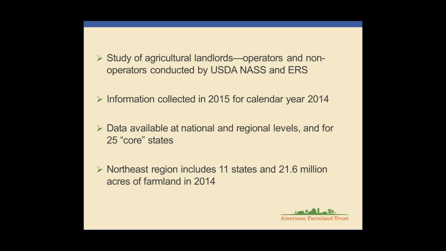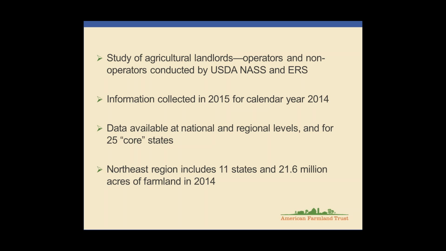So this is 11 states, includes all 6 New England states, New York, plus Delaware, Maryland, New Jersey, and Pennsylvania. Together that area, the Northeast region as identified by Total, includes 21.6 million acres of farmland in 2014, which is very close to land in farms for that same 11-state region from the 2012 Census of Ag.